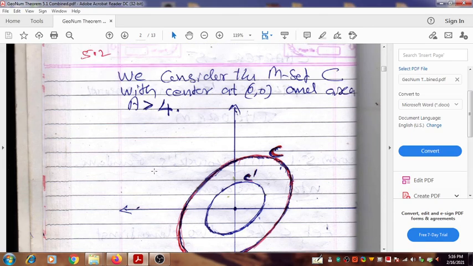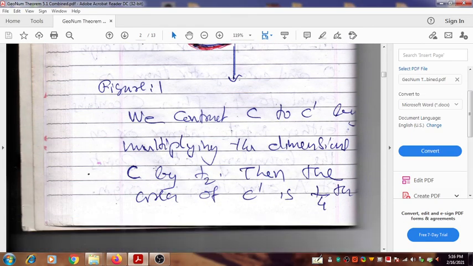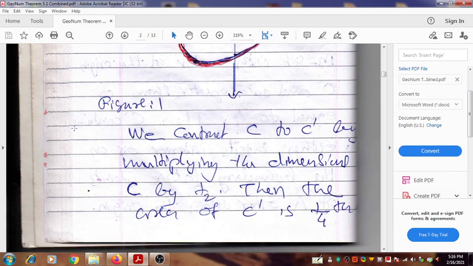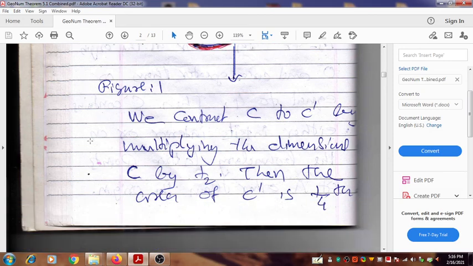Next we do one thing: we contract, we reduce the size of the M set. We contract C to C dash. How do we contract that?